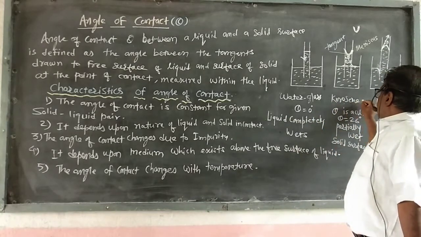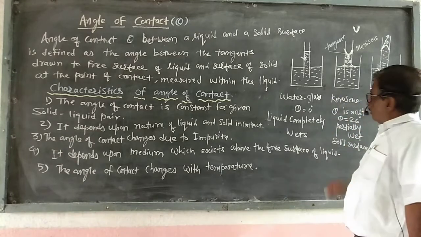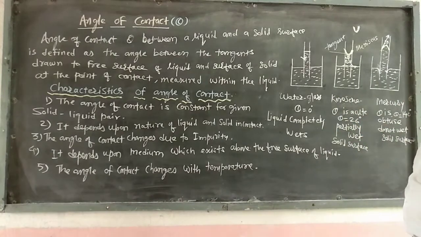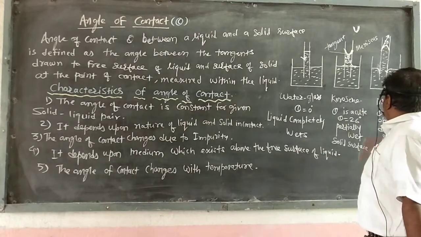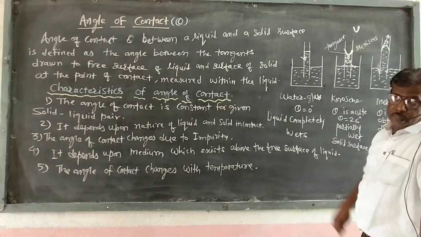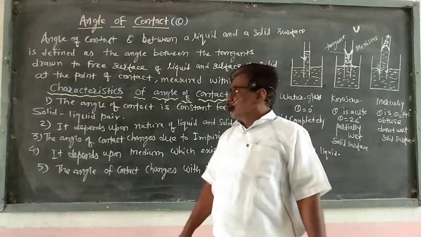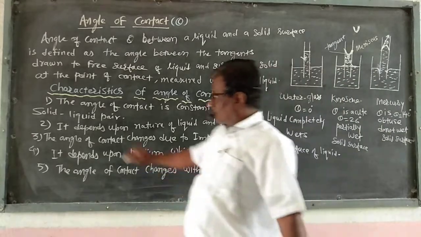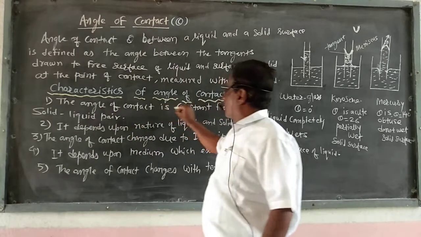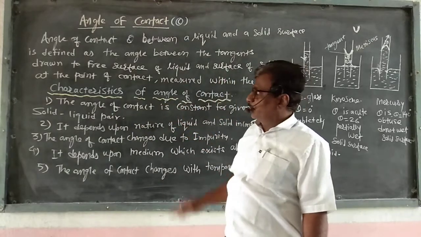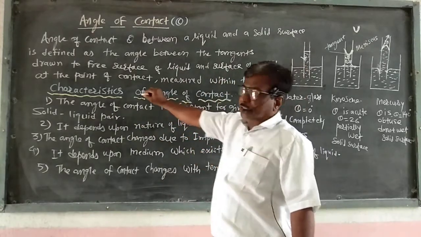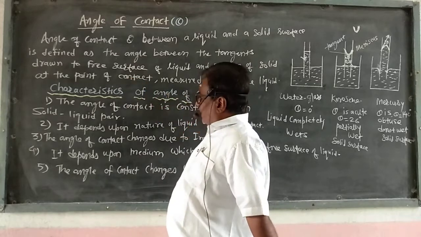When we take kerosene and pure glass, the angle of contact is acute, and that is also constant, theta equal to 26 degrees. When we take pure glass and mercury, the angle of contact is obtuse, and that is also constant, theta equal to 140 degrees. That means for a given solid-liquid pair, the angle of contact is constant. That is the first characteristic of angle of contact.